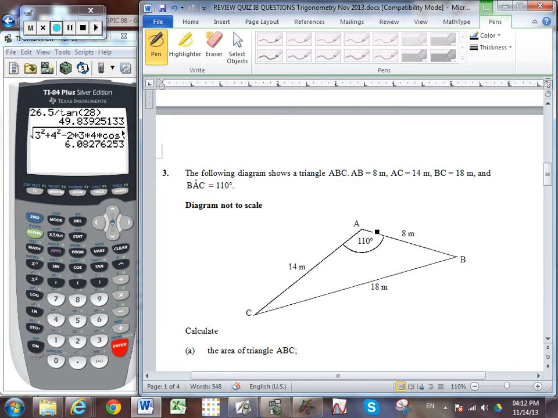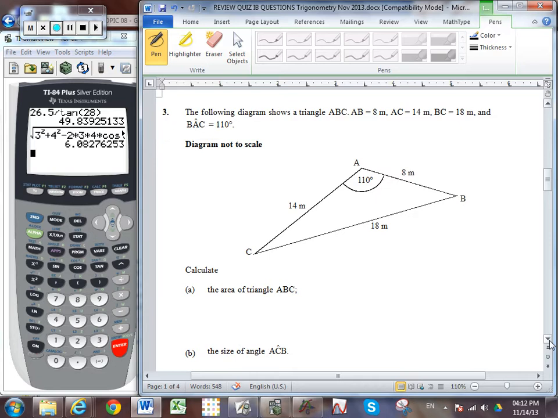At any rate, part A asks us to find the area of the triangle. Now I don't have the height of this triangle. When you're being asked for the area of a triangle, we've got 2 formulas, 1/2 times base times height. But we don't have the height here, so we can't use this one.